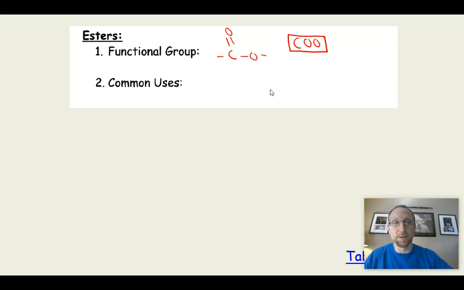So our common uses, what are these used for? Esters are important because they're used for flavoring and fragrances. When you go to Yankee Candle and buy a vanilla cupcake candle, it doesn't have pieces of vanilla cupcake crushed up and added into the wax. They are putting in the esters, the compounds that give the cupcakes that scent.